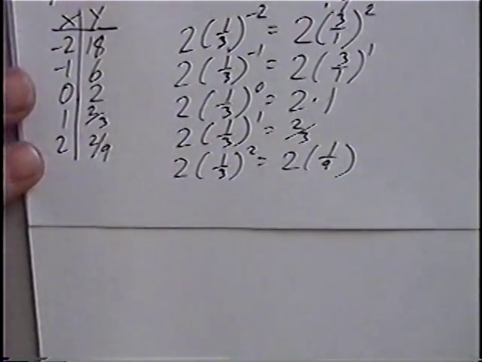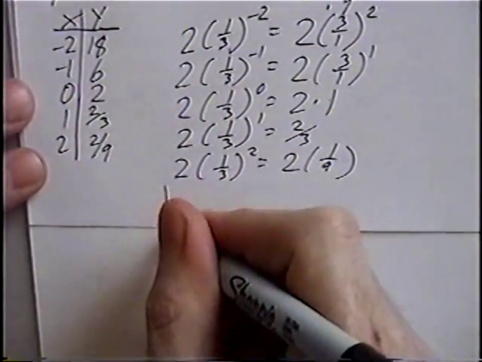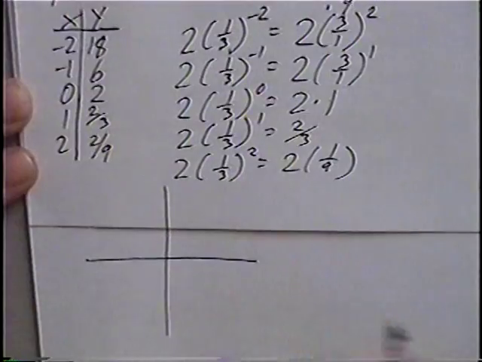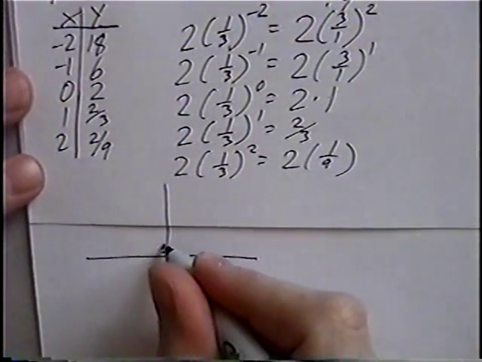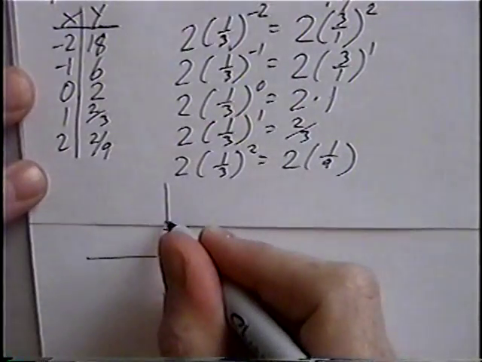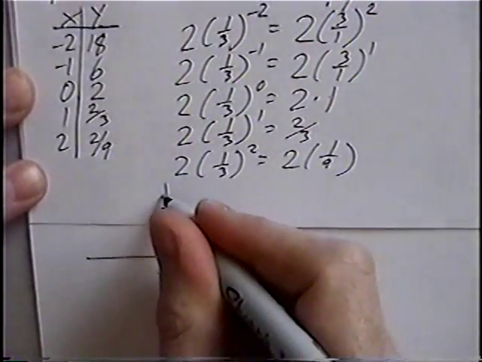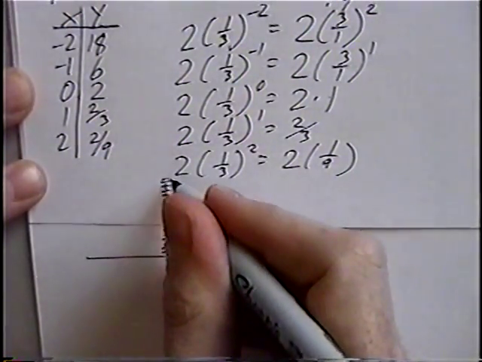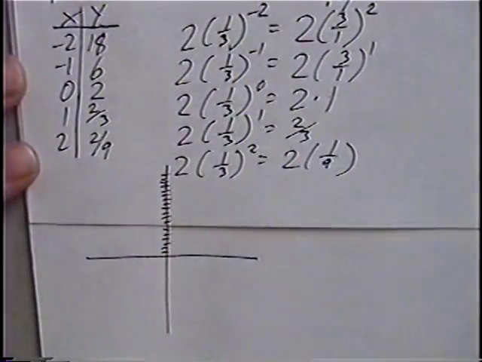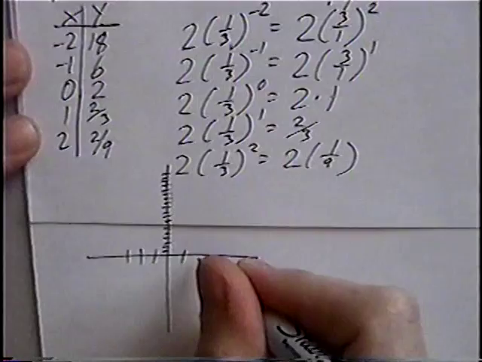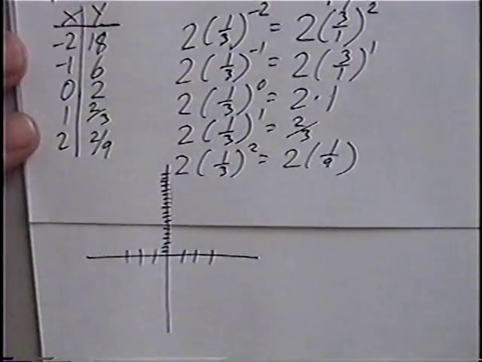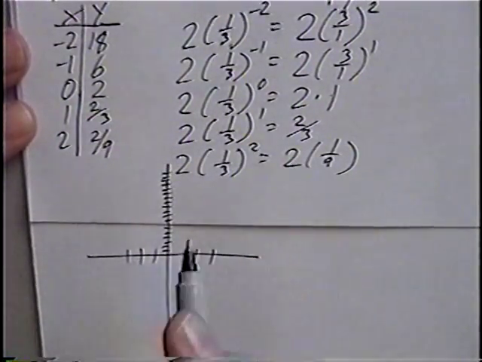Graphing this function, again you can draw the xy axis. On the y value we'll go up to 18. And we'll have a couple points in the x and y direction. First point, -2, 18.